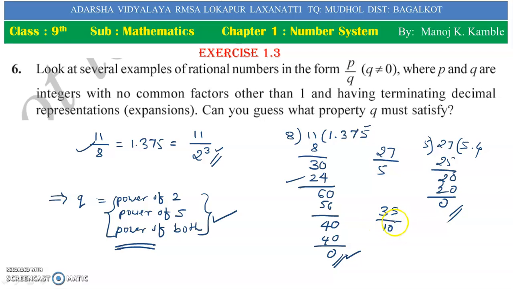So the decimal point shifts, that becomes 3.5, once again terminating, and 10 can be written as 2 into 5. So this is also a power of both here, 2 and 5. Okay, so here q must be only the power of 2 or only the power of 5 or power of both the numbers.